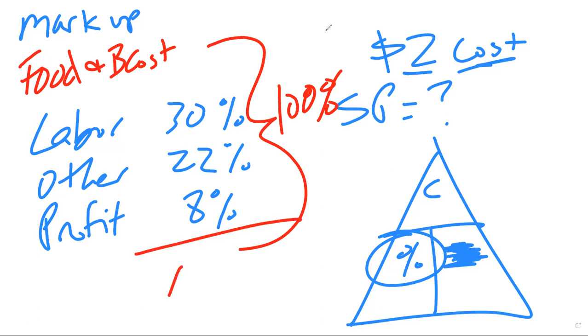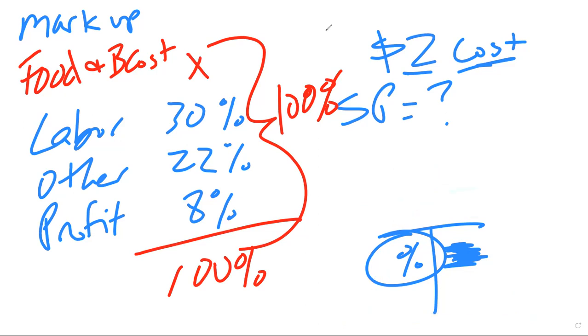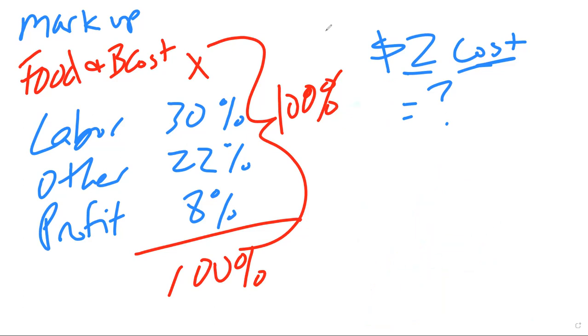All of that is going to equal 100%. And so if that is equal to 100%, I'm going to do something really horrible called algebra.